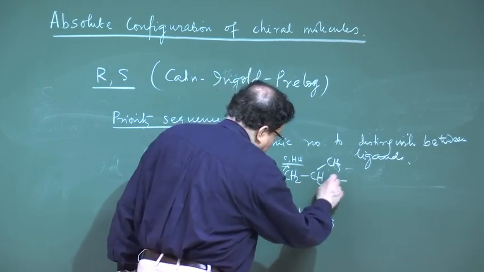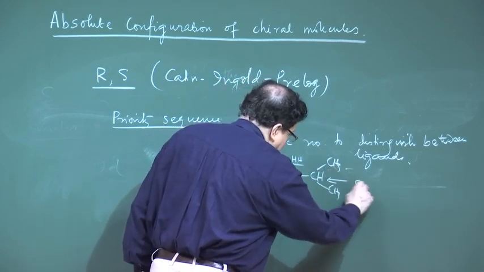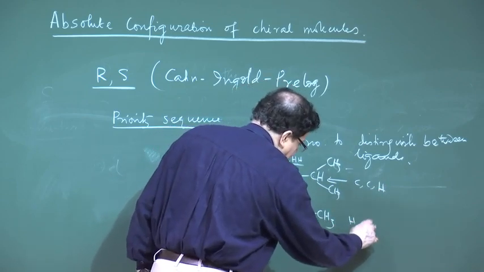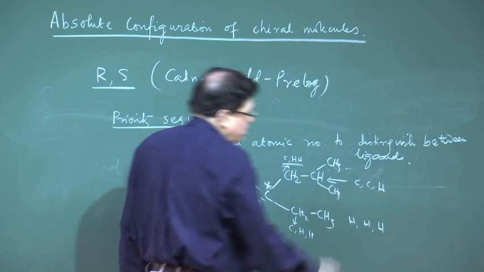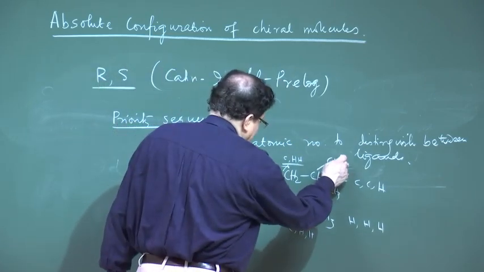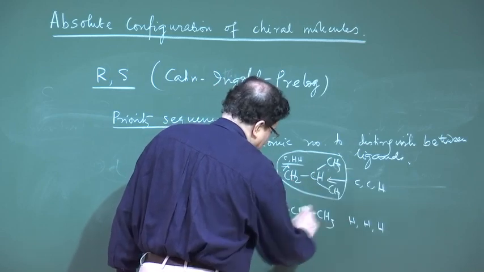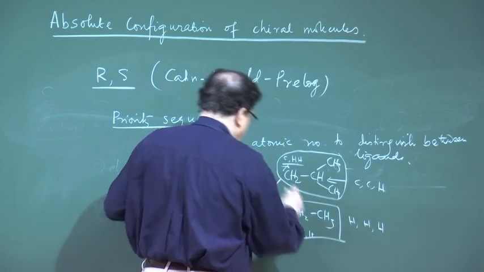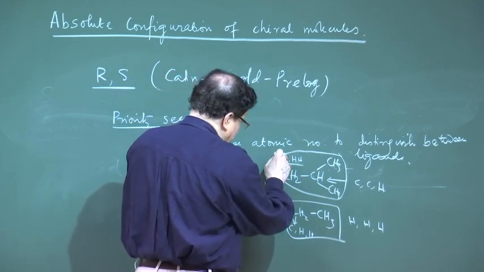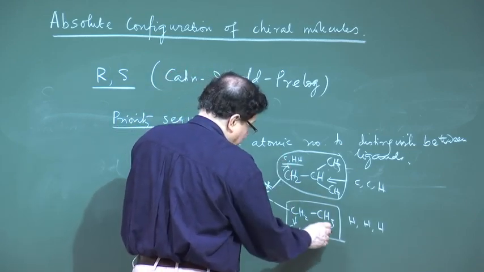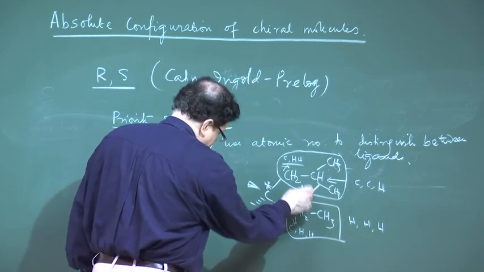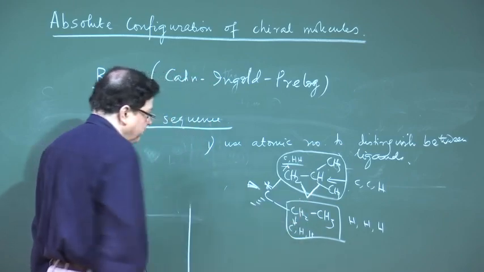Here this is a carbon attached to 2 carbons and 1 hydrogen, and this is a carbon attached to 3 hydrogens. So, obviously, carbon being a higher atomic number atom, this group wins over this one. So, this will get higher preference over this. This will be greater than this. Okay. So, if it is 1, then that is 2.